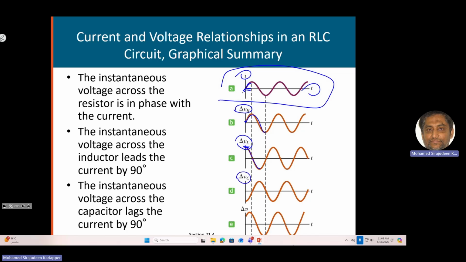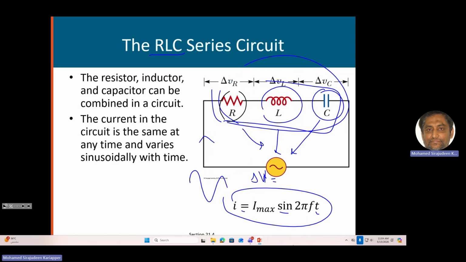The potential across the capacitor will be behind. When the current is maximum, the voltage will still be 0. So it is 90 degrees behind. These three are the voltages across each of these separately. If we go back here, this is across the resistor, this is across the inductor, this is across the capacitor.